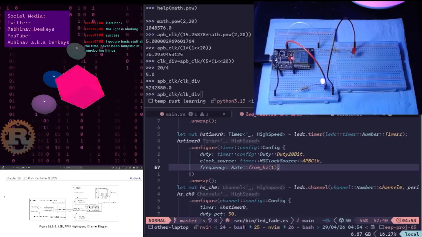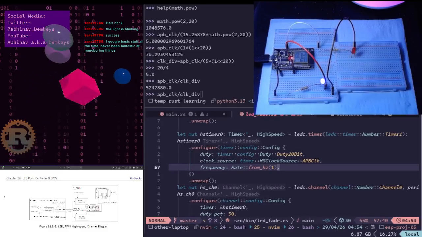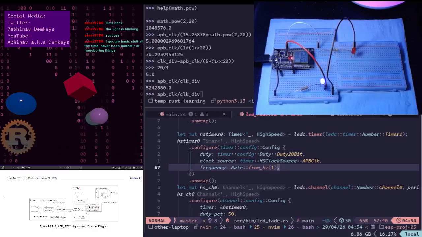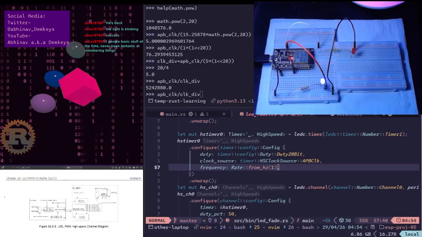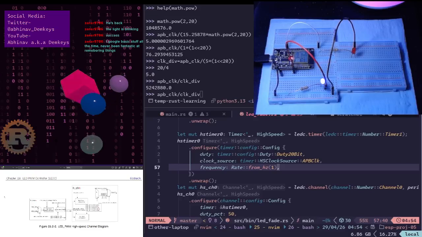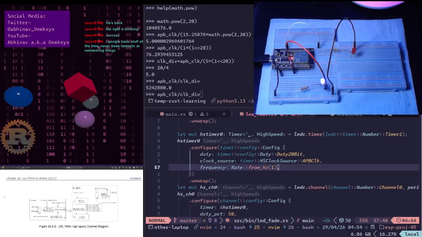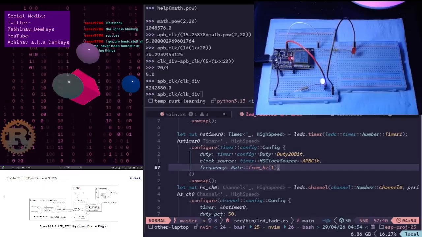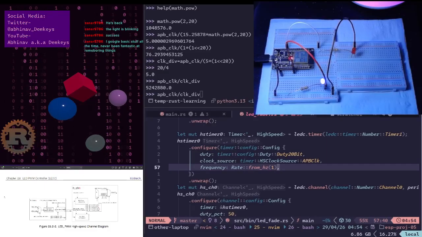The main PWM counter doesn't, quote unquote, run on the divided clock. It runs on the APB clock, but only increments when the divider logic gives it the green light pulse. That's an interesting way to look at it.